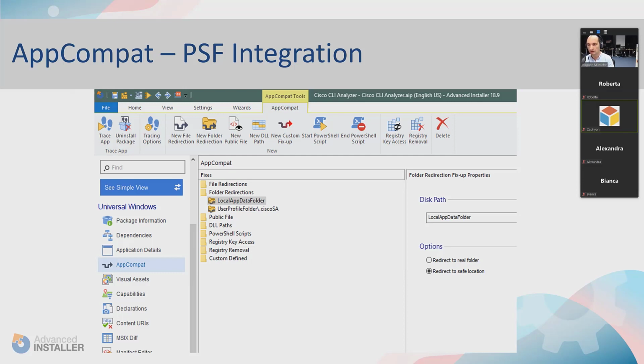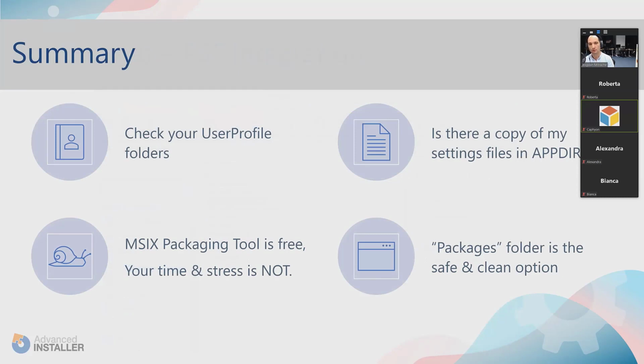Let's do a quick review of what we've discussed today. Every time you create an MSIX package, you should check if you have anything in your user profile folder, whether it's AppData or directly under the root of your user profile, or if you even have anything else in other folders.